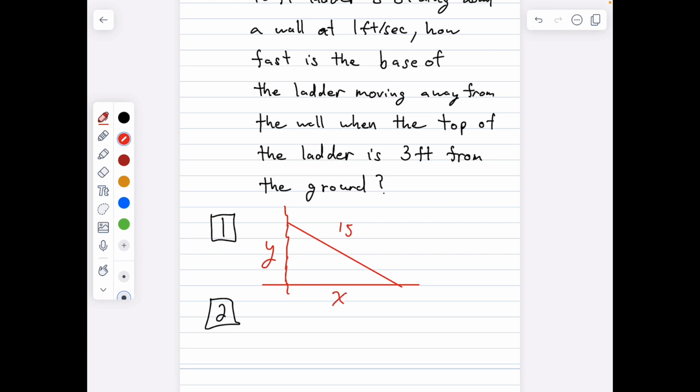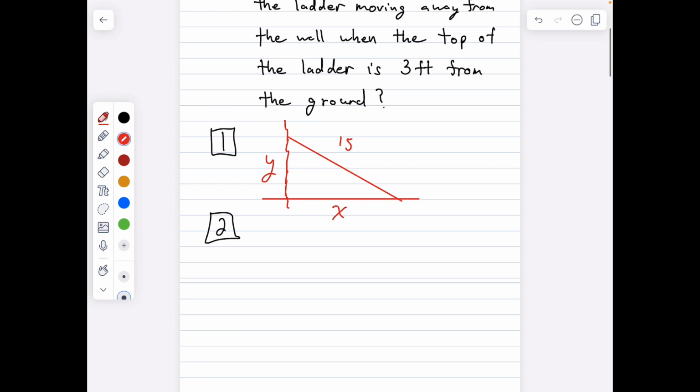That's changing as well, so I'm going to label that with an x. The ladder itself, where it's 15 feet long, a lot of people will say, oh, I'm going to label that as a variable too, because it's in the picture. I would highly advise against labeling anything that you know is a constant already. Just leave it as a constant. Okay, so we label things that are changing with a variable.